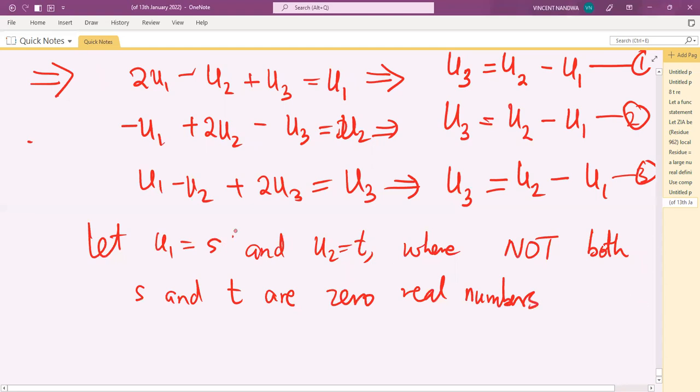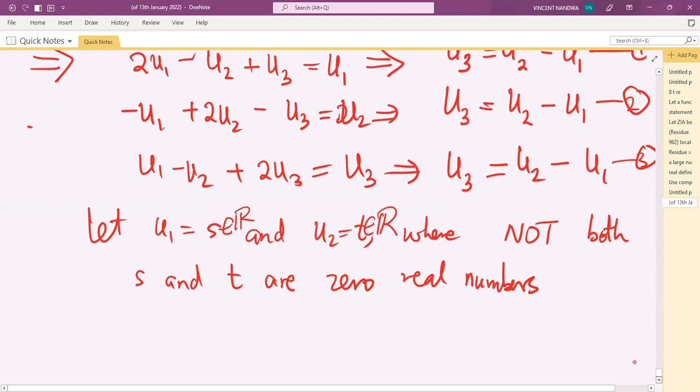S is a real number, also T is a real number, but we give this extra condition so that we don't allow all of them to be 0.